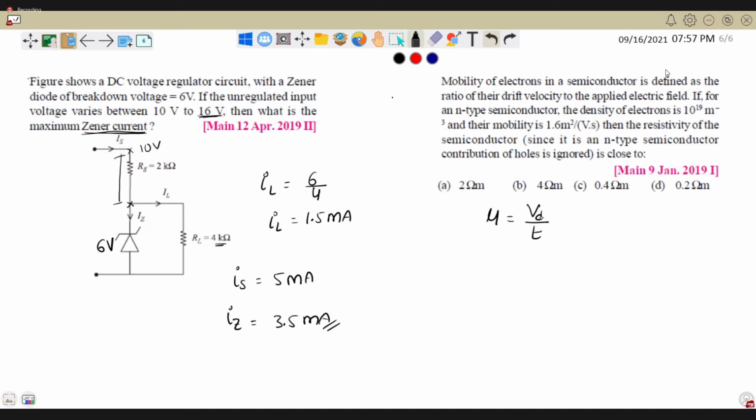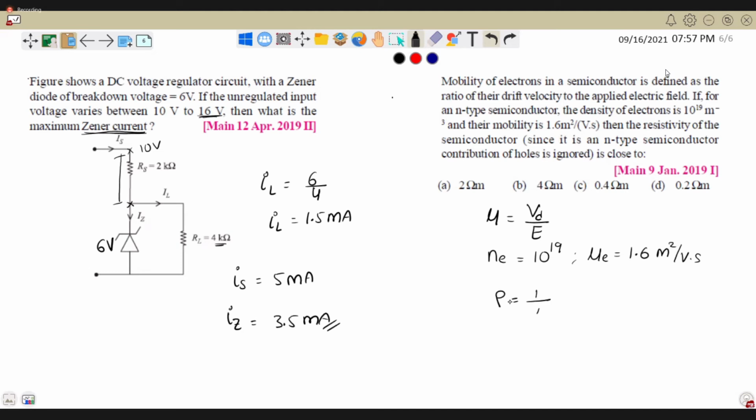If for an n-type semiconductor, the density of electrons Ne is 10 power 19 and their mobility mu of electrons is 1.6 meter square per volt second, what is the resistivity of the semiconductor? What do you mean by resistivity? 1 by conductivity. Correct. So resistivity is given by rho, which is 1 by sigma.